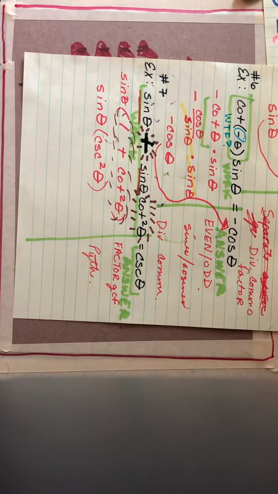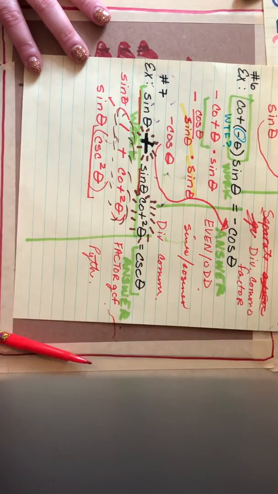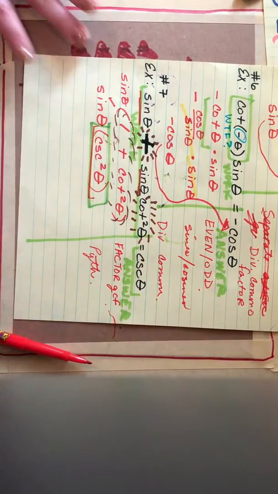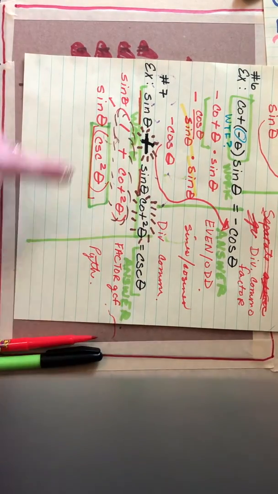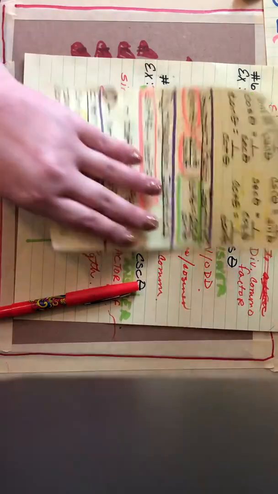Okay, now let's rewrite in terms of sines and cosines. So I know we kind of went a weird way about it, but it's okay. The sine is good to go, but let's find something for cosecant squared. I want cosecant squared to be equal to something with a sine and a cosine. So let's look.